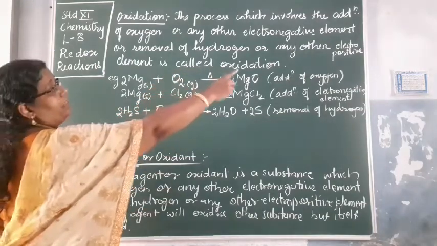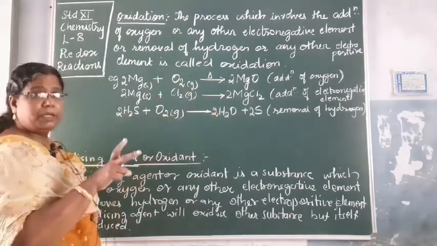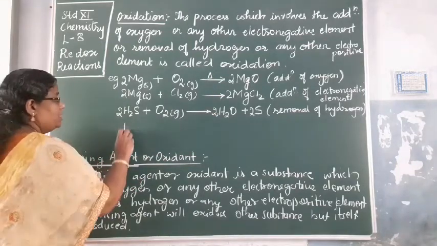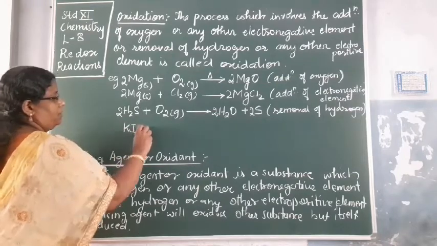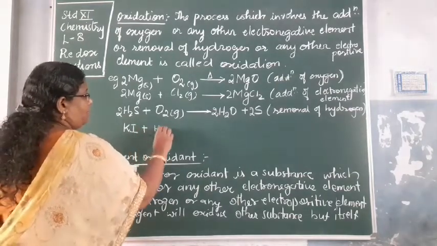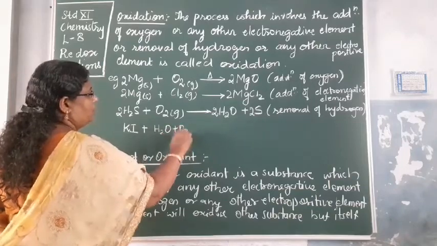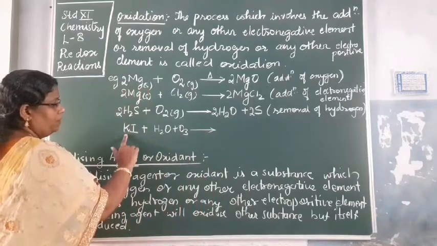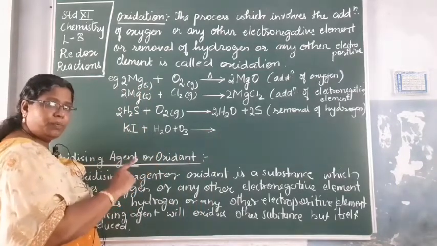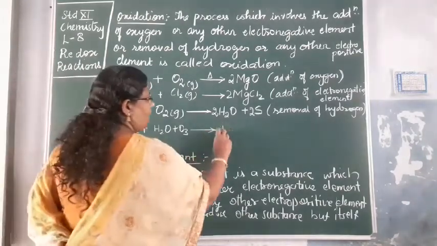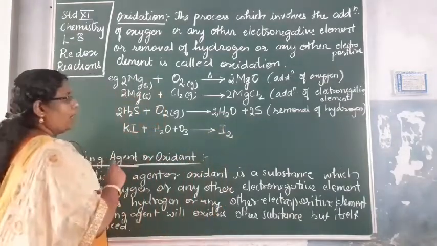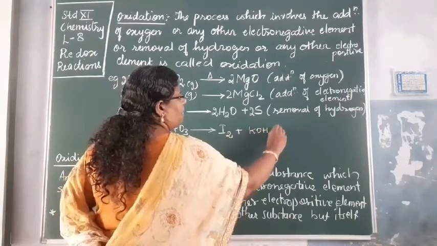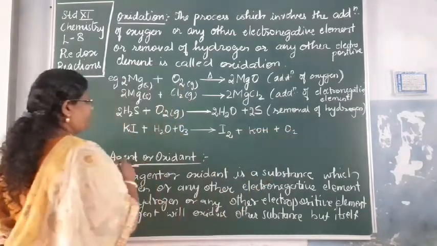Also it is written that any other electropositive element, if we remove it, that is also called an oxidation reaction, जैसे KI plus H2O plus O3. In this particular reaction, what is happening? You are removing K, which is an electropositive element, from I, and now your I is converted to I2 plus KOH plus O2. Okay.